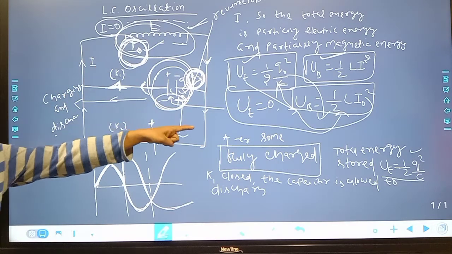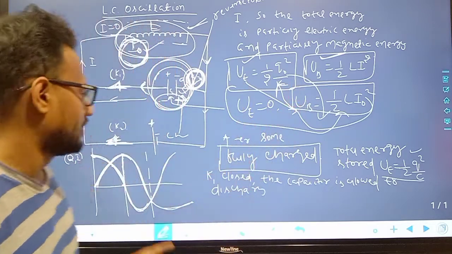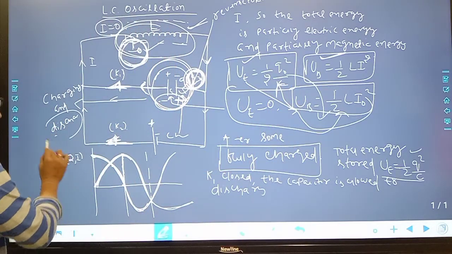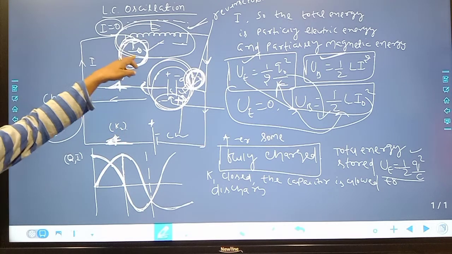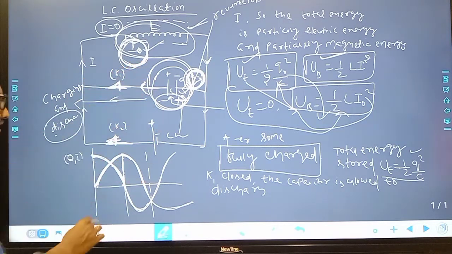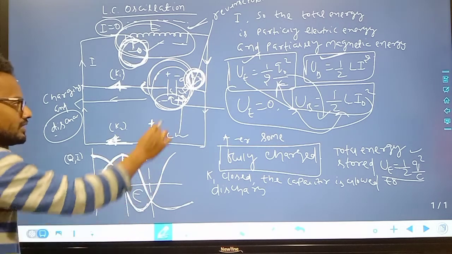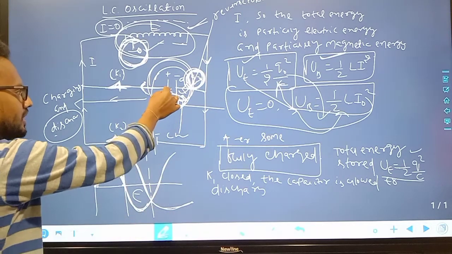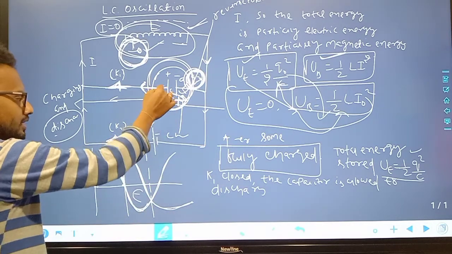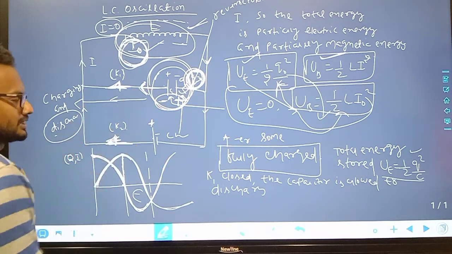The total electrostatic potential energy is stored by the capacitor, but during the discharging condition, the total energy is converted into magnetic energy. Then the cycle repeats downward, that is the negative cycle. When charging, the plus of the battery connects to plus and minus to minus. When discharging occurs, the current moves away from the positive charge.